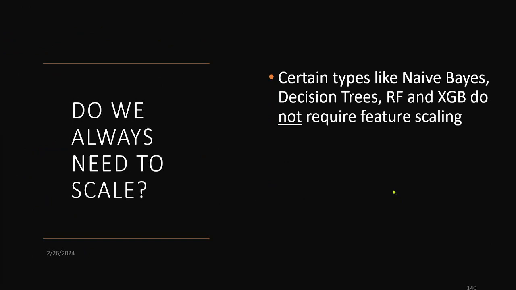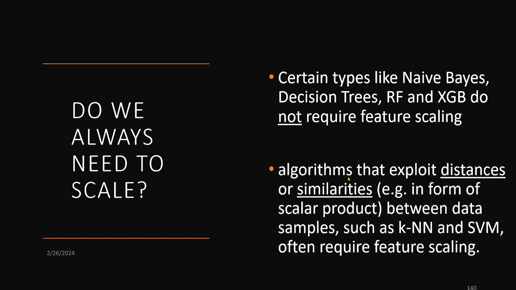So do we always need to scale? As I mentioned earlier, there are certain types of machine learning models, let's say naive Bayes, decision trees, random forests, or boosting, so most of the tree-based algorithms, that are not impacted or don't need the data to be scaled. Nevertheless, it's a good idea to scale the data for models which are based on distances or similarities, for example nearest neighbor, neural nets, support vector machines, and so on.